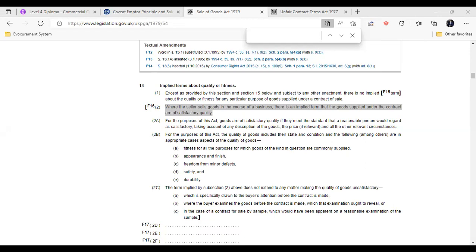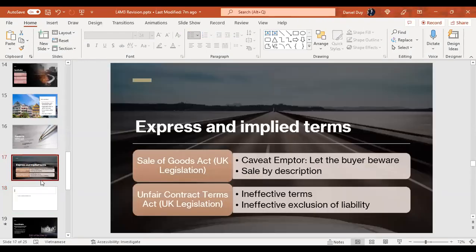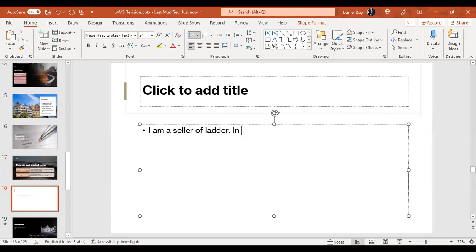I'm a seller of leather, and in the contract of sale to a consumer, I exclude my liability arising from a faulty product.